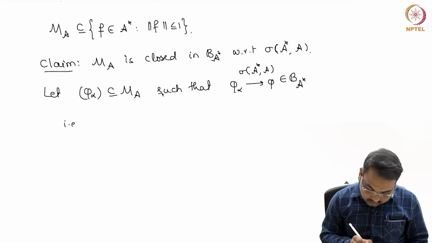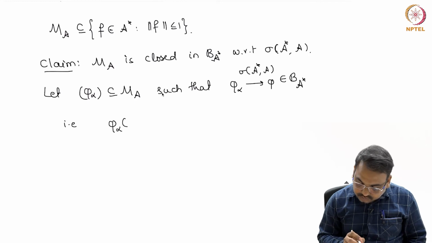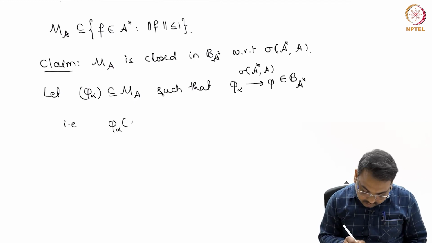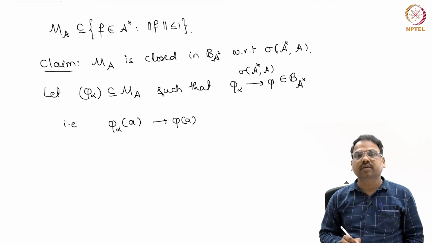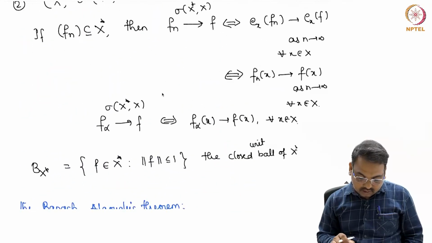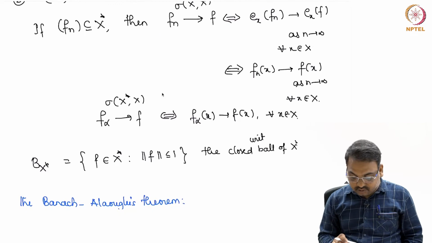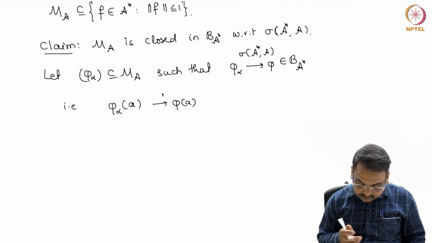That means we know that phi_alpha of a converges to phi of a, because we have seen earlier that f_alpha converges to f in the weak star topology if and only if it is pointwise convergence at every point of this space.